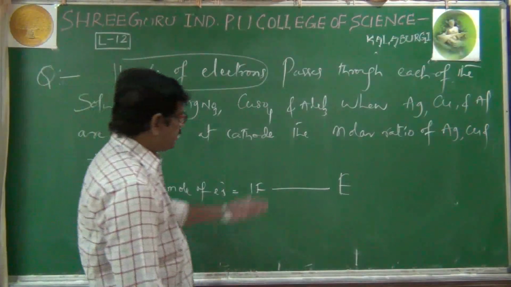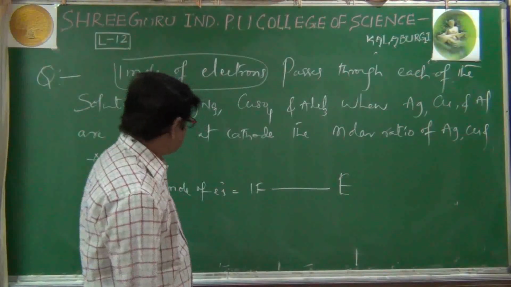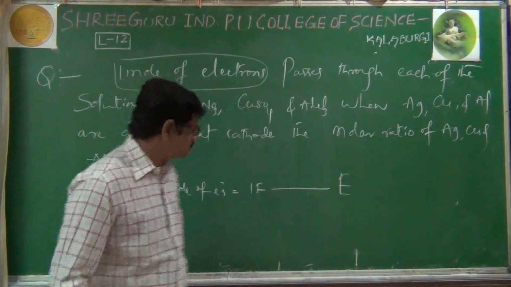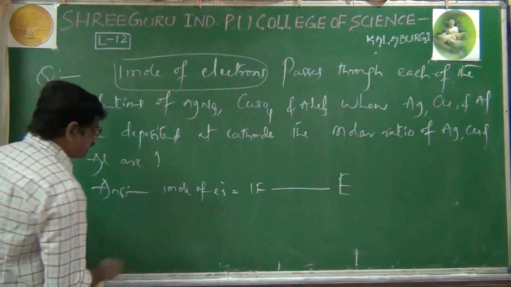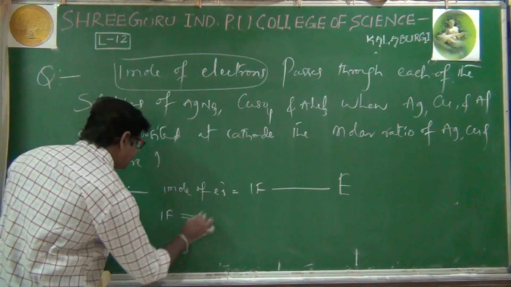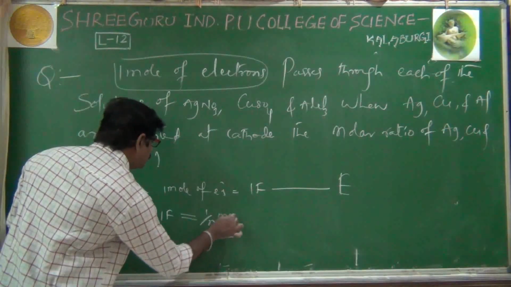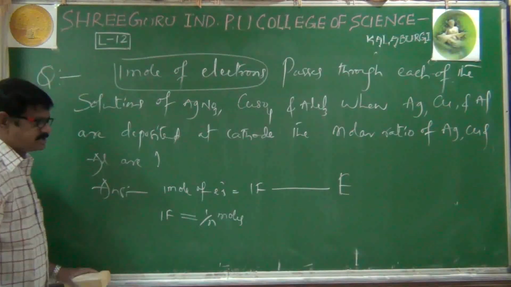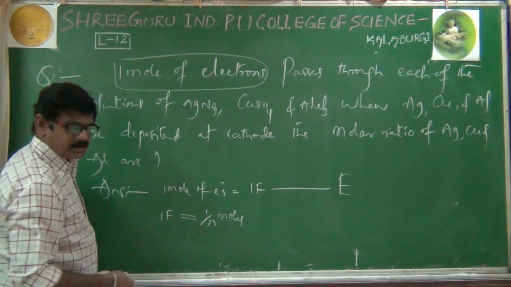Then he is asking a molar ratio, therefore we will write like this. If you send 1 Faraday, 1 by n moles of the substance is deposited, because he is asking the molar ratio.